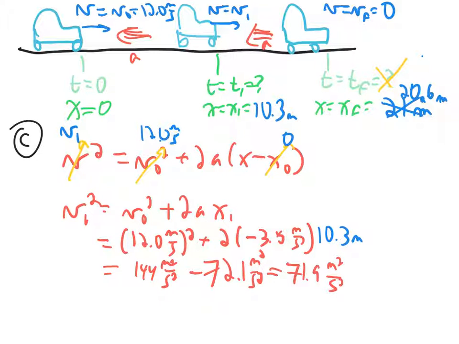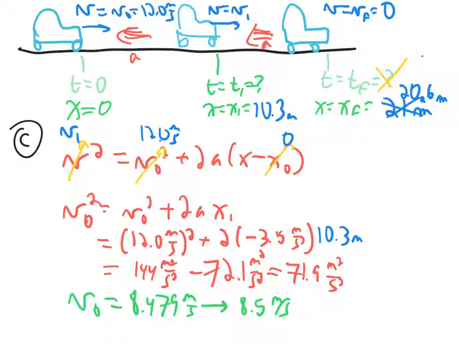And remember, that's v1 squared, so v1 is just the square root of that, which turns out to be 8.479. And of course, the square root of meters squared per second squared is just meters per second. And then we really should round that, and since we only had 2 digits before, we really should round this to something like 8.5 meters per second.